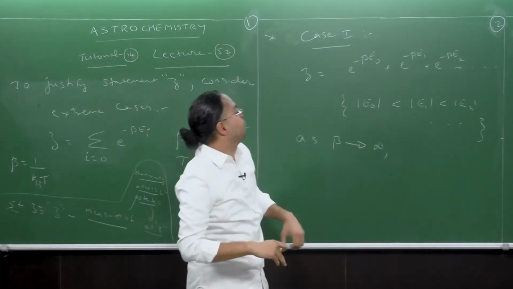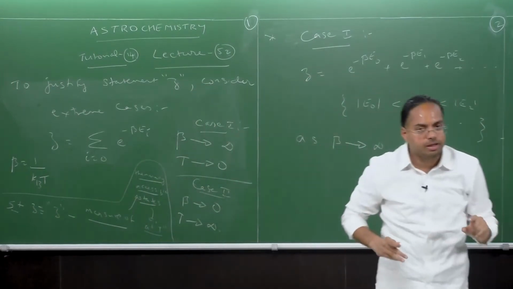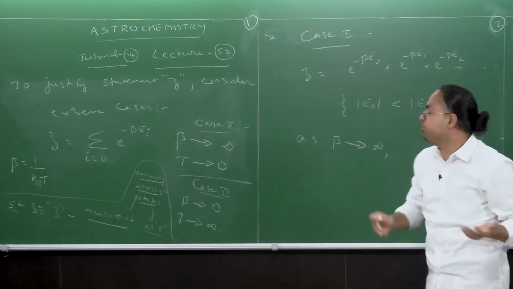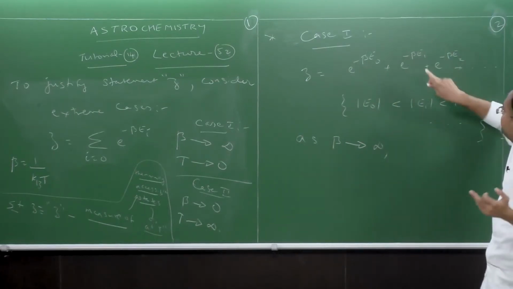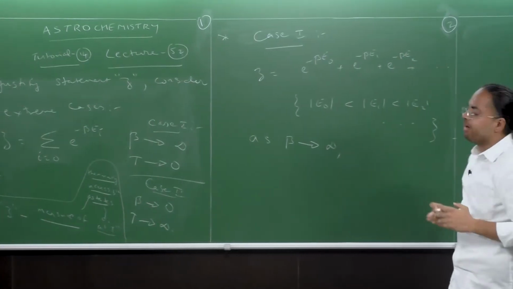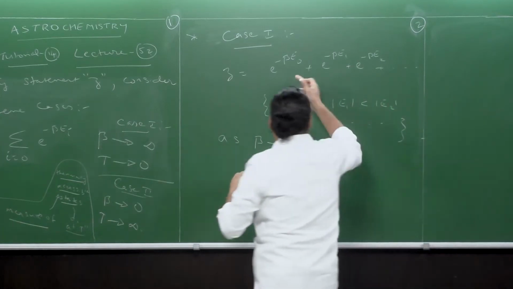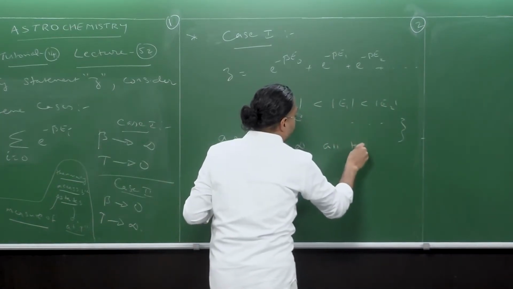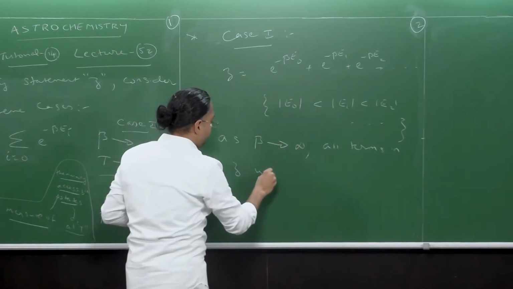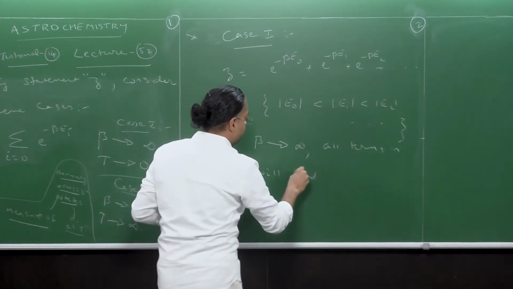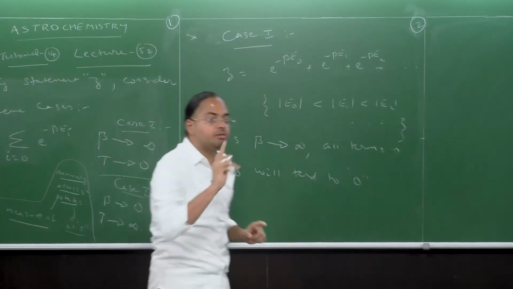Therefore, as beta tends to infinity, all of these terms will tend to 0, because each is of the form e to the power minus a1x, e to the power minus a2x, e to the power minus a3x, and so on. So as beta tends to infinity, all terms in Z will tend to 0. But there is a very crucial difference here.